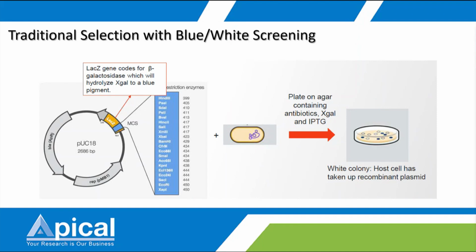After the transformation, the colonies that carry an insert will be white. The colonies that do not carry an insert will express complete beta-galactosidase from this gene, so it will hydrolyze the X-gal into blue pigment. So any blue colony does not have the insert.